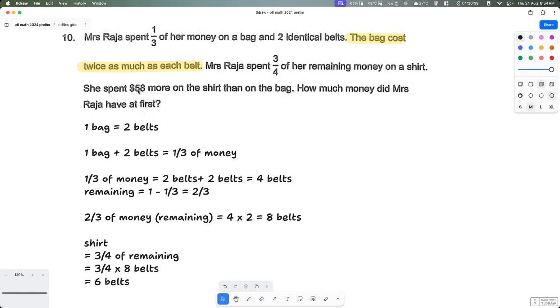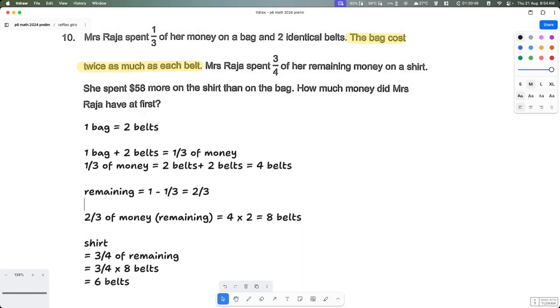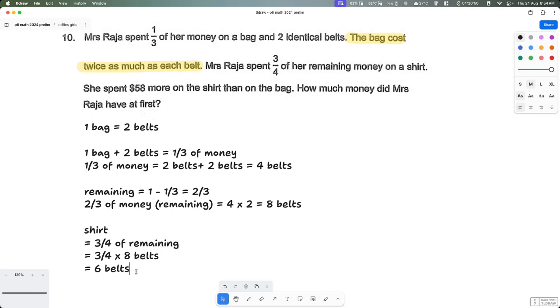And then we know that she spent $58 more on the shirt than on the bag. So that means the shirt is equal to $58 more than one bag.